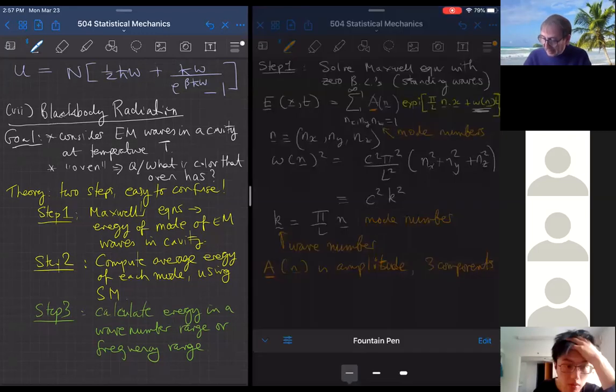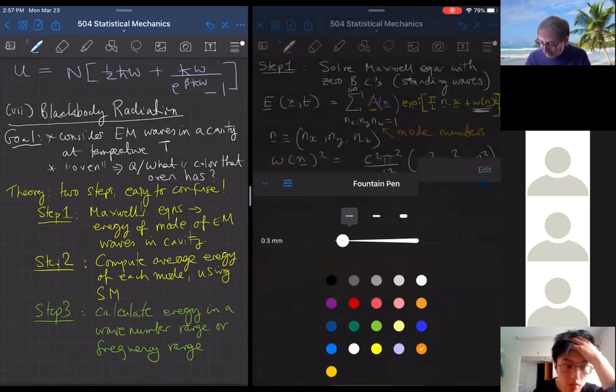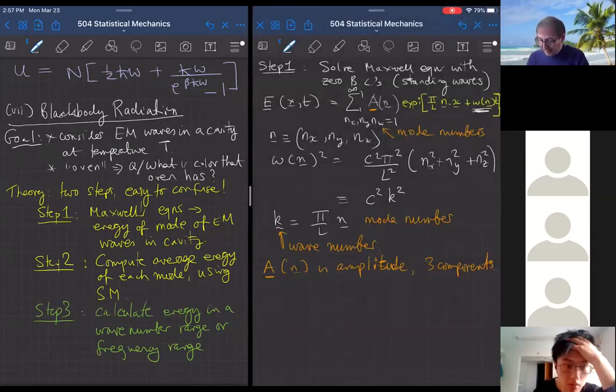But there's another Maxwell equation that we've forgotten. In free space, what we know is that there are no sources, so div of the electromagnetic field is equal to 0.